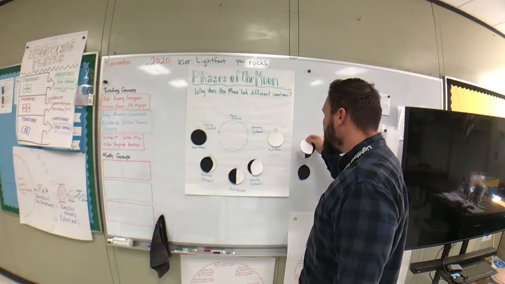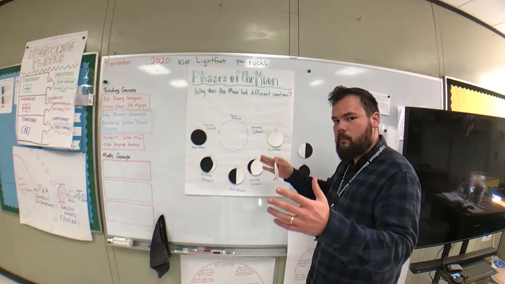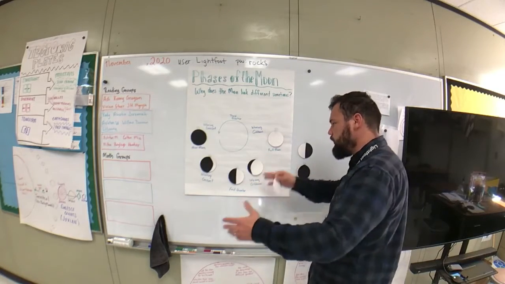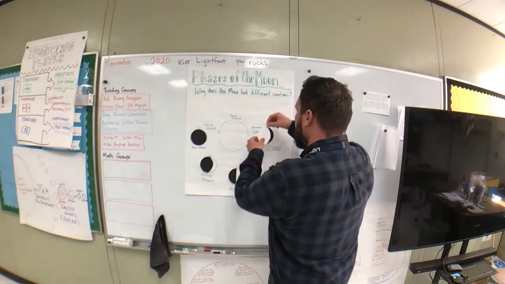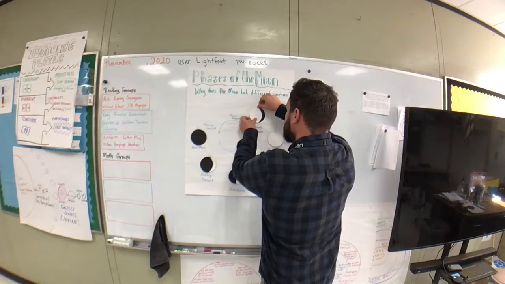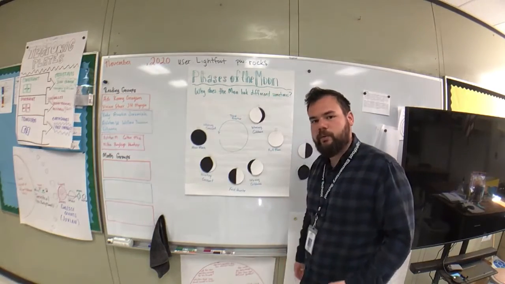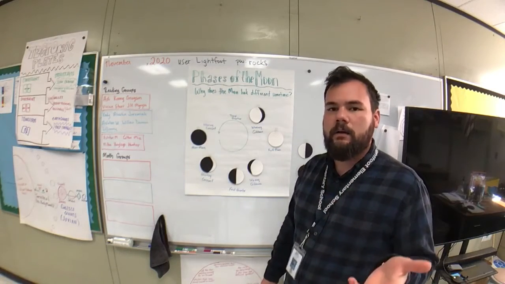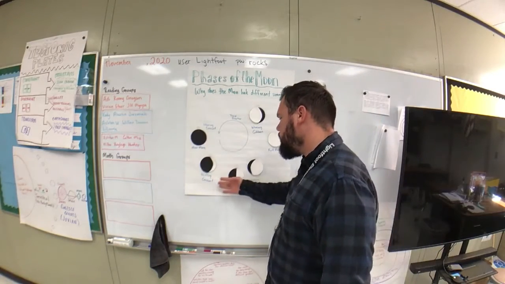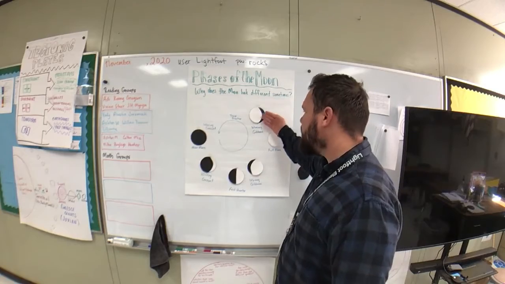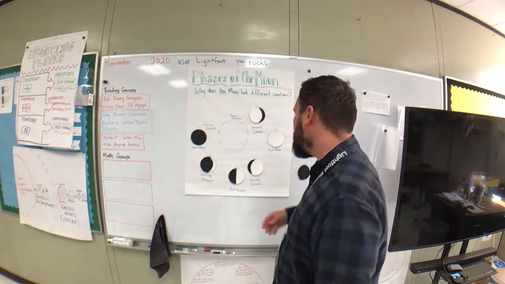Now, once we have the full moon lit up, it's going to start shrinking again on its way back to becoming a new moon. And we call this shrinking the waning moon. So as it's growing, we call it waxing, and as it's getting smaller, we call it waning.